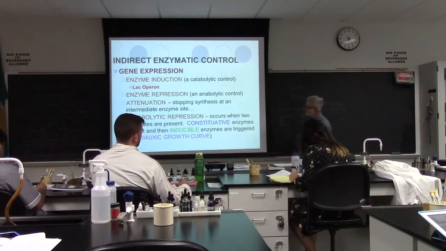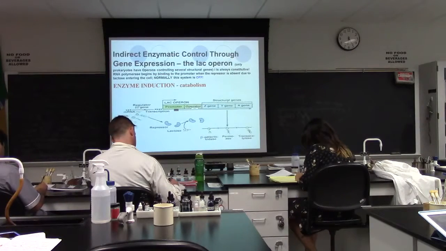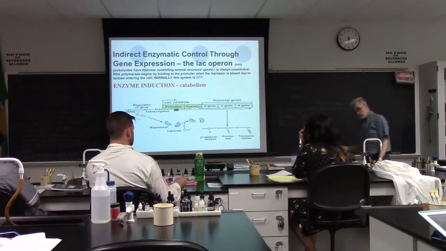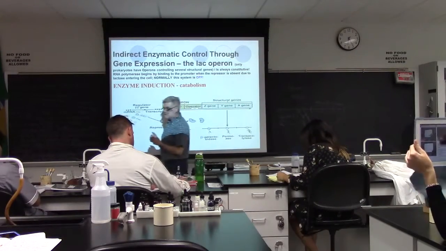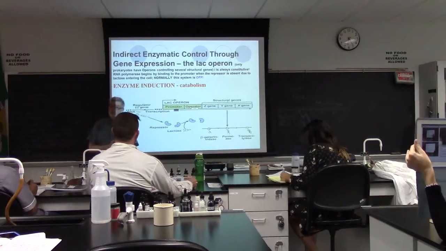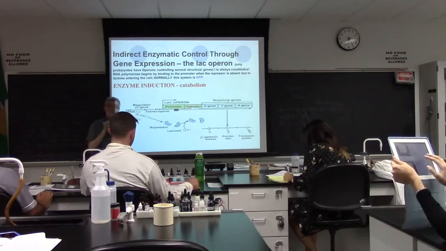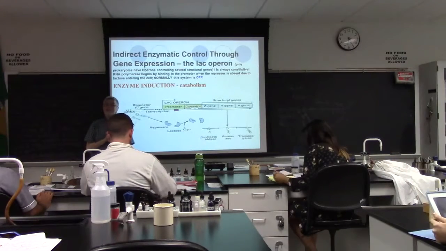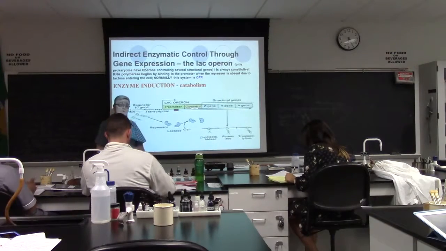So, this is how we're going to start. So let's look at this one and remember what we're talking about. This was discovered in E. coli. E. coli doesn't digest lactose very often because it never comes across it. So the genes to make 3 enzymes to digest lactose are normally turned off because E. coli doesn't see lactose very often.